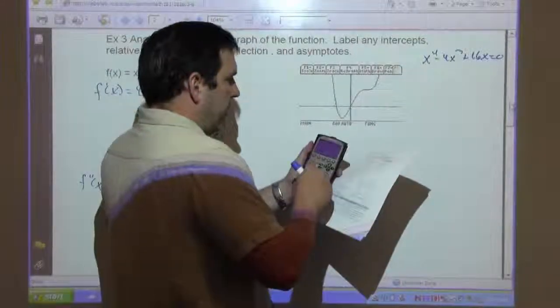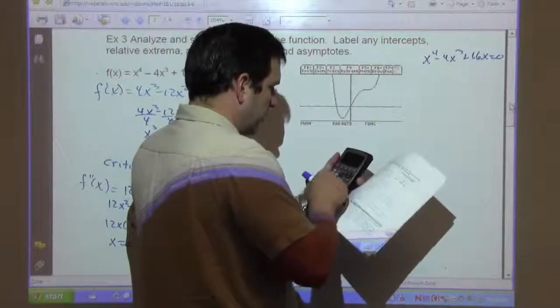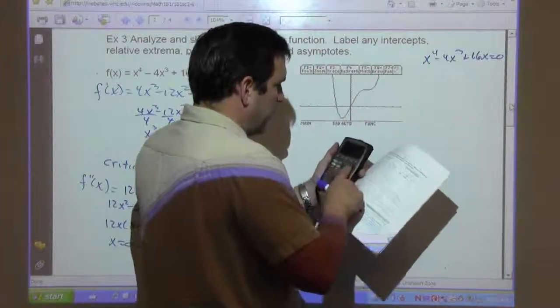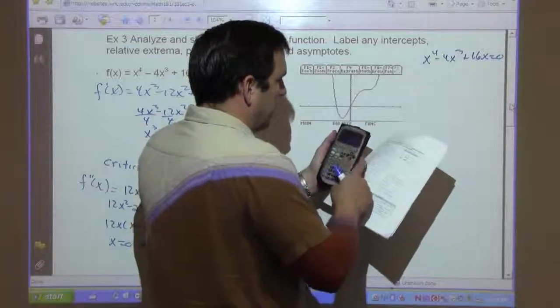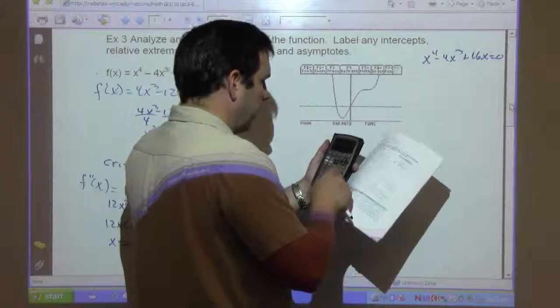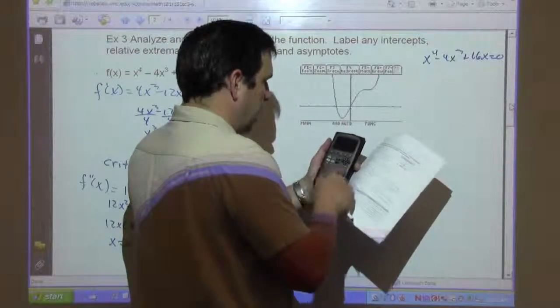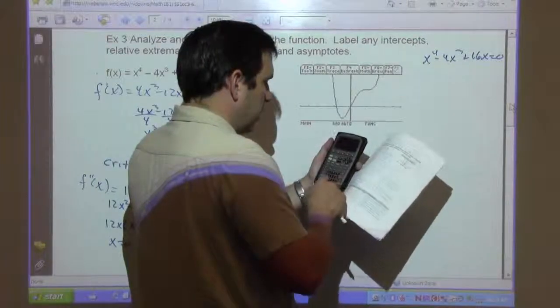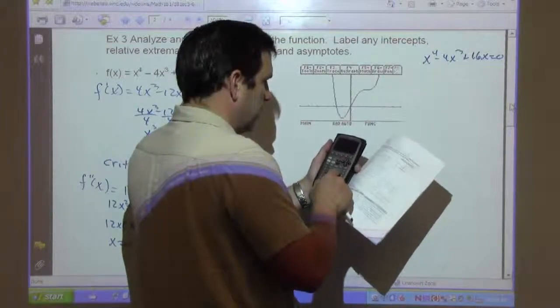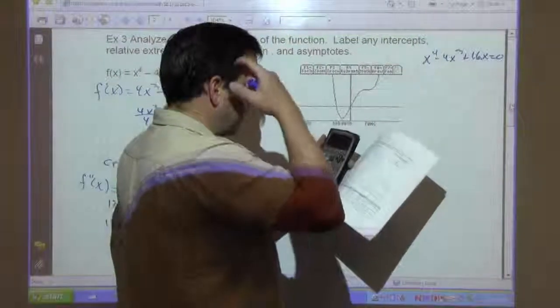On our calculator, we have tools to use. If I go into F2, it has algebra tools, so we could find zeros. If I type this in there, x to the fourth minus 4x cubed plus 16x, and comma x means I'm going to find the zeros with respect to x.